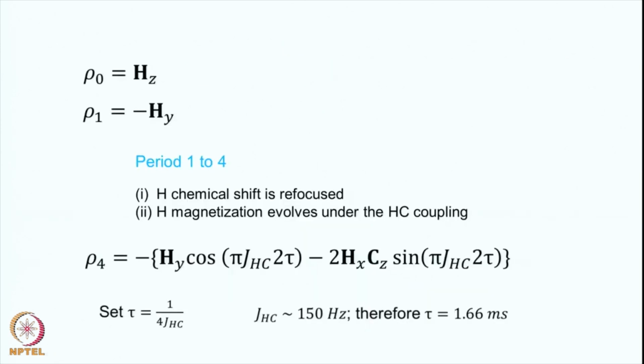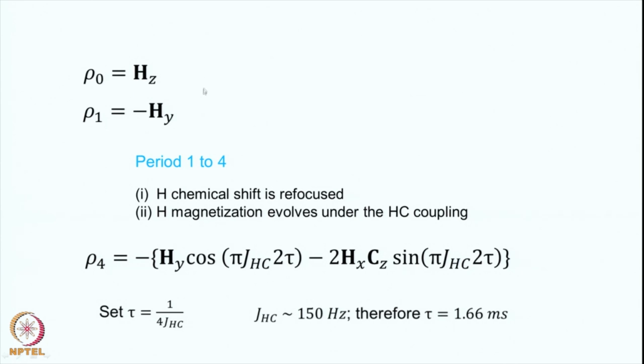Okay. So, at time point 0 we consider the density operator, which consists of the proton magnetization along the z axis, and this I write now as Hz. So, do not confuse this with the Hamiltonian. This is the operator for the proton z magnetization, and therefore I write it as Hz. When I apply a 90x pulse on the proton channel, notice there is no pulse applied on the carbon channel.